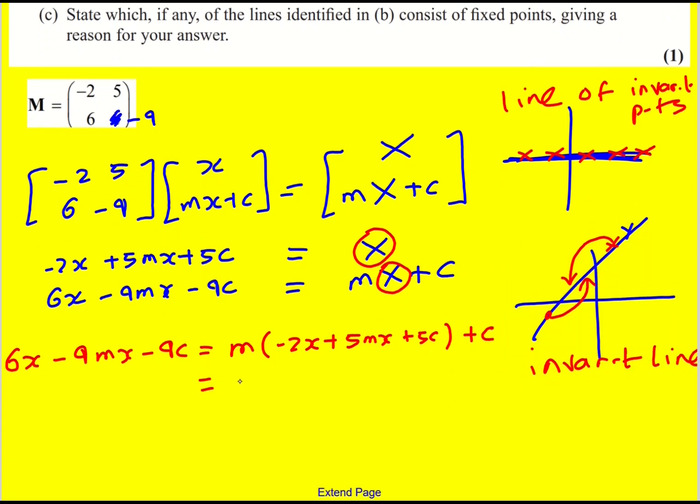Let's multiply this bracket out. I'm going to get minus 2mx plus 5m squared x plus 5cm plus c.